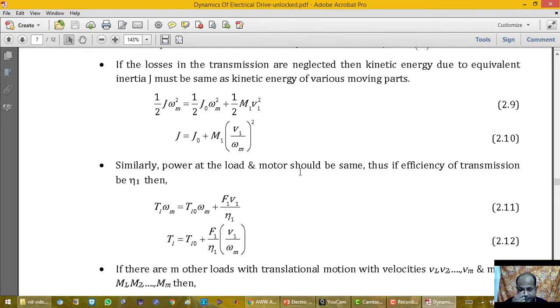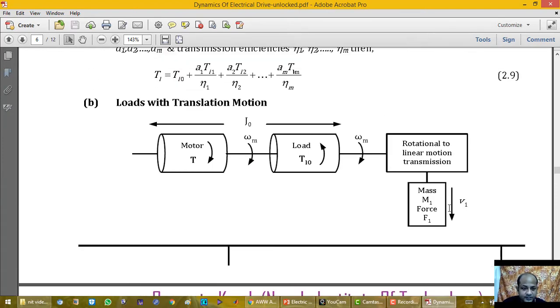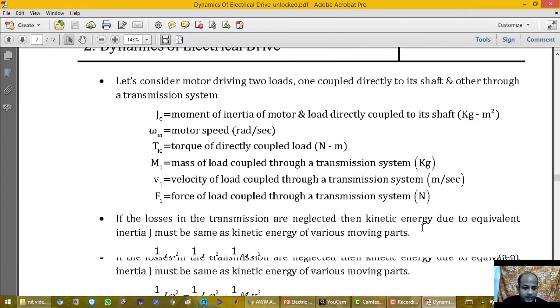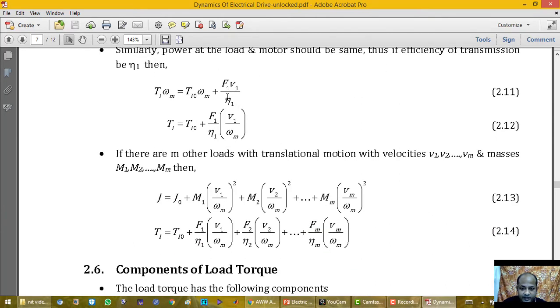Similarly, power at load and motor should be the same, as we have discussed in case of load with rotational motion. So again, if the efficiency is eta 1, then T1 omega 1 equals T L0 omega m, and here the power is force into velocity. So F1 V1 is my output power, so for input power we have to divide by the efficiency. So we divide this F1 V1 by eta 1, and this is my equivalent torque.